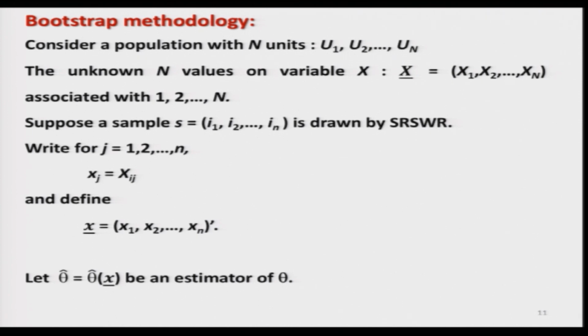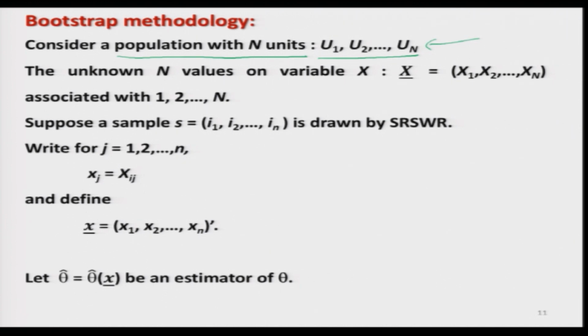Now let me translate the bootstrap methodology we have understood through the example in a more formal way. Suppose there is a population of capital N units, u1, u2, ..., uN. Once you associate a random variable with these units, the values become x1, x2, ..., xN. For example, u is some human being and x is the height, so x1 is the height of that concerned human being.